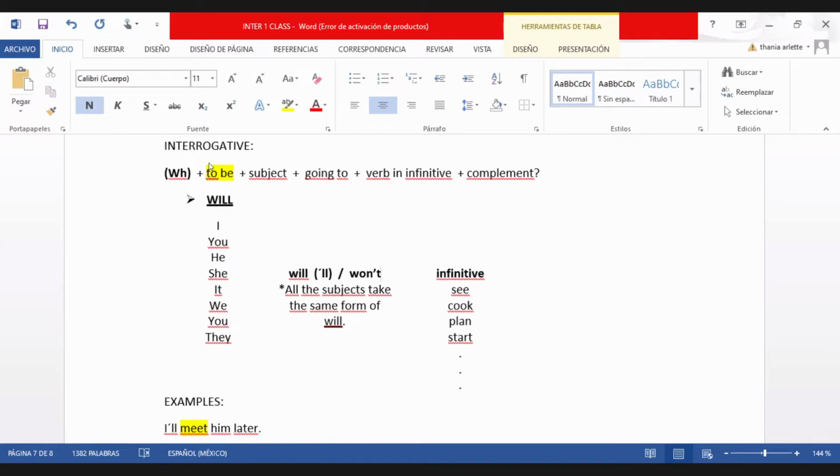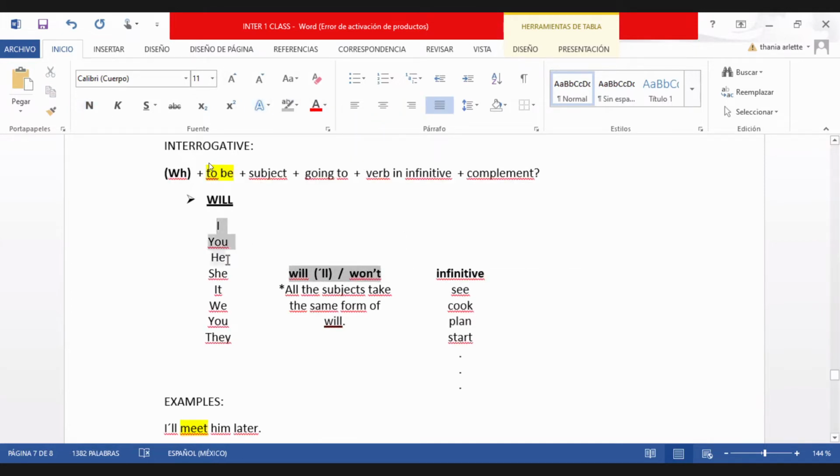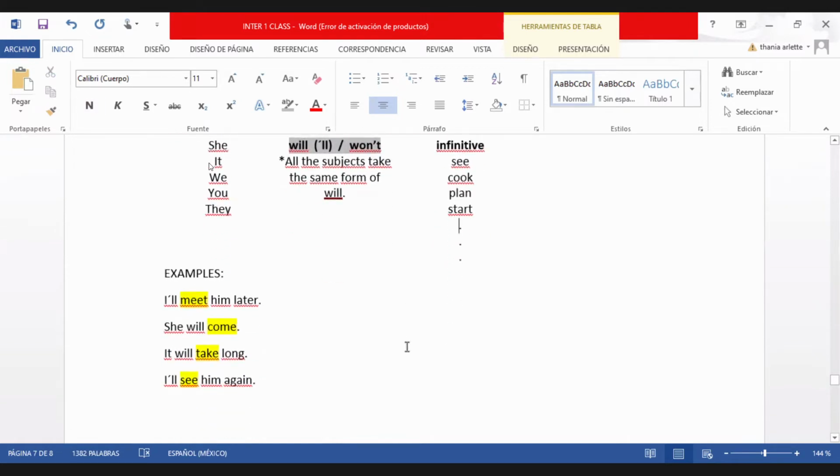This is the contraction: will for affirmative, won't for the negative. So the rest is the same: subject, will or won't, depending on your idea, and the infinitive form of the verb. Some examples in the negative form.